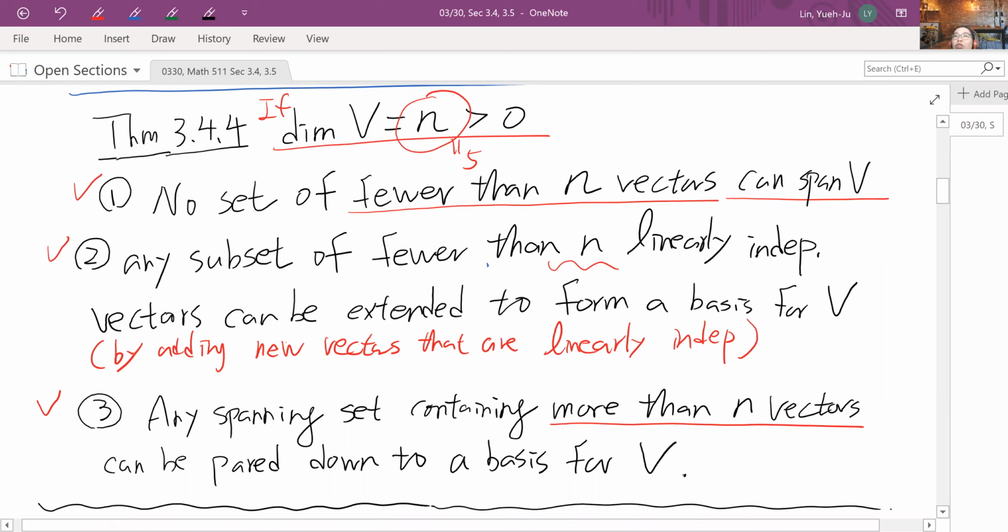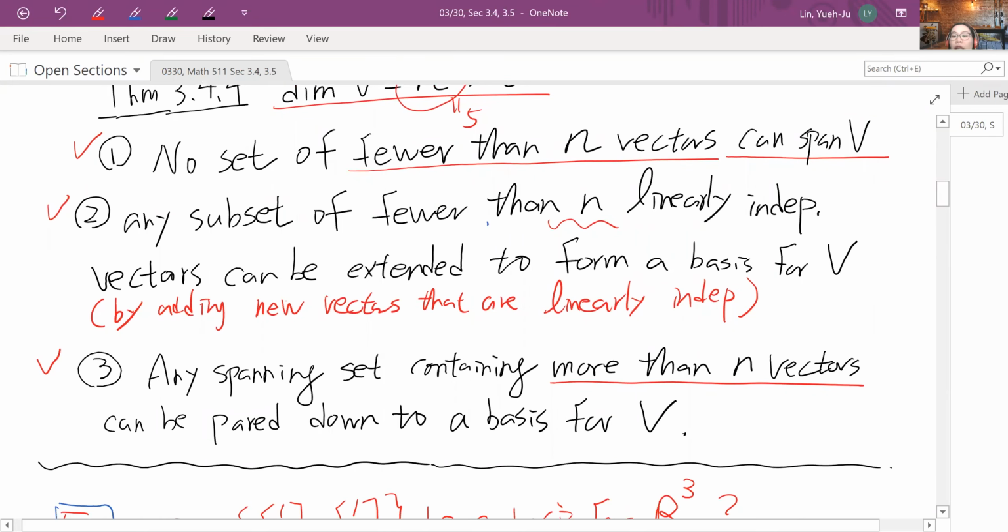then okay, you have the criterion for a spanning set, but you already know you need exactly 5. 7 is too much, right? So if I know the dimension to be 5, but you give me 7 vectors that span the whole V, then some are extra. You need to cut down some of them to get the correct number of basis vectors.